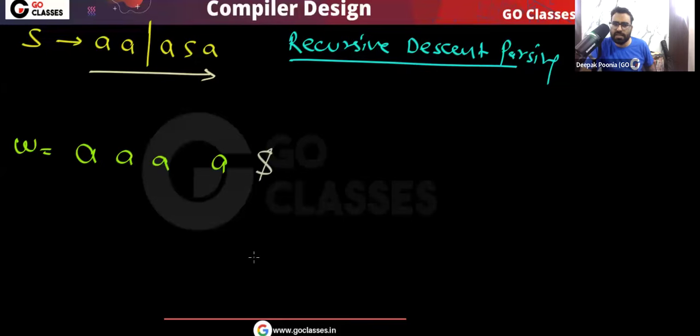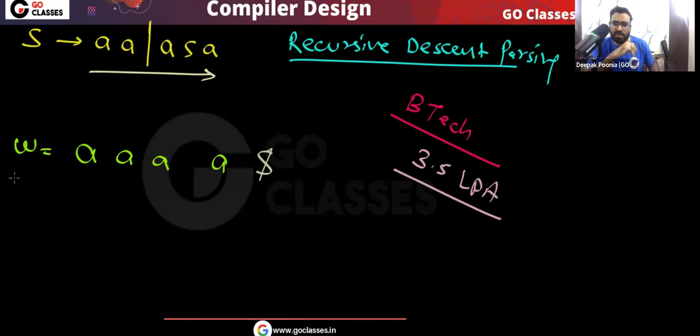Okay, is this clear? In life also, actually, this happens. Let me tell you, sometimes in B.Tech, some very good students get, let's assume, a 3.5 LPA package. I'm talking about students who have good potential.